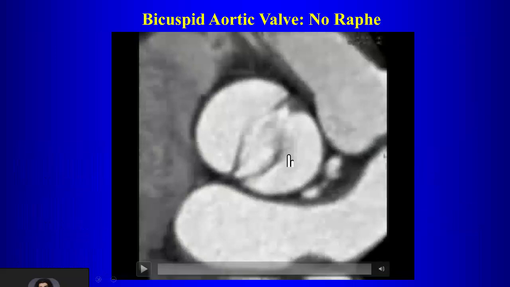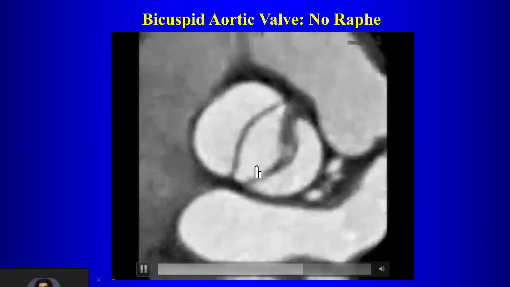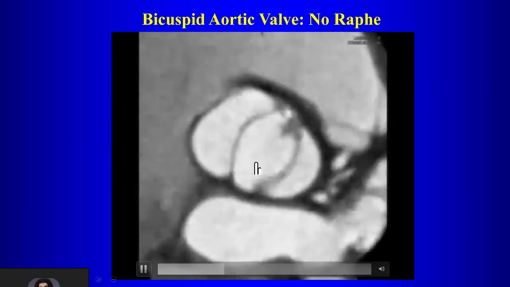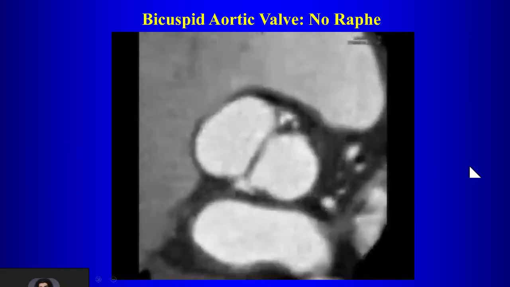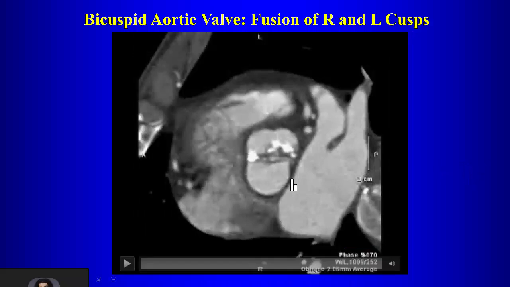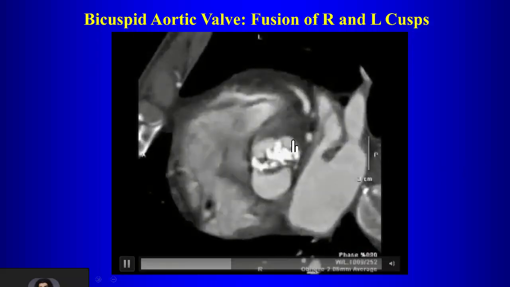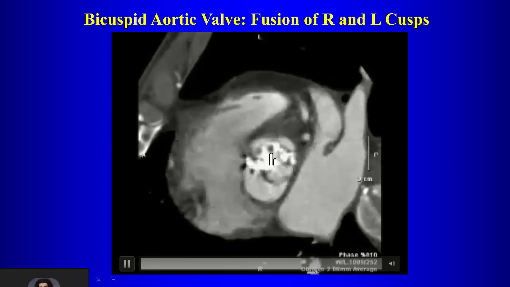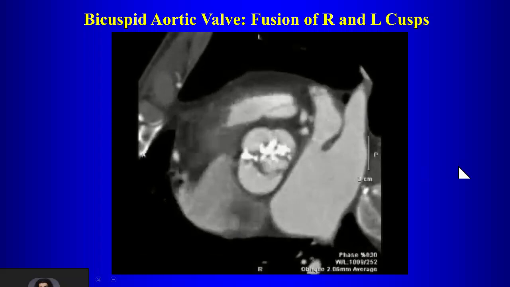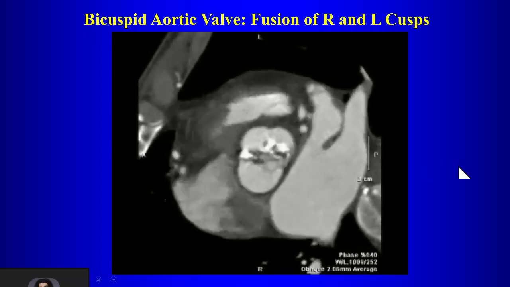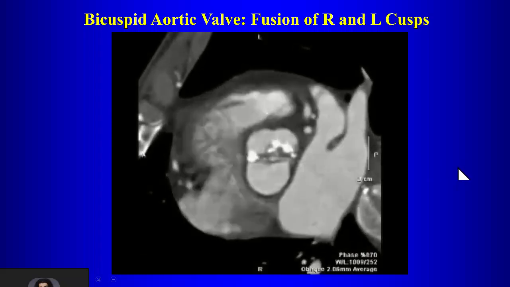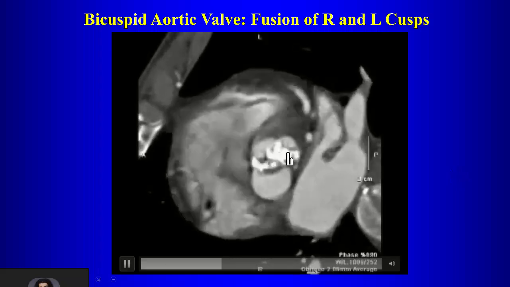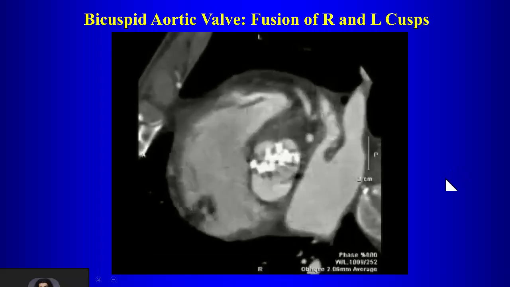Okay? So here's a pure bicuspid valve. You can tell the morphology there when it's open. Okay? Then here there's fusion of the right and the left cusp, and with extensive calcification. Now, there are going to be some times in adults and in older patients where they develop adhesions and they develop extensive calcification.